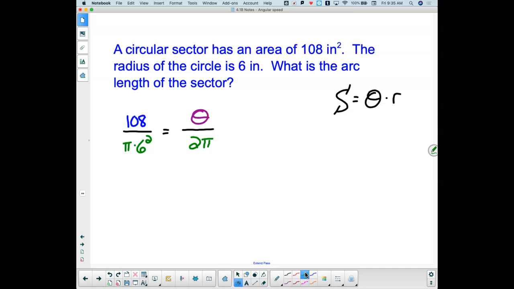What am I going to solve for in that one? Theta, because it's the only variable that I have, right? How am I going to solve for theta? Cross multiply. So 2 pi times 108 gets me 216 pi. 6 squared times pi times theta gets me 36 pi theta.